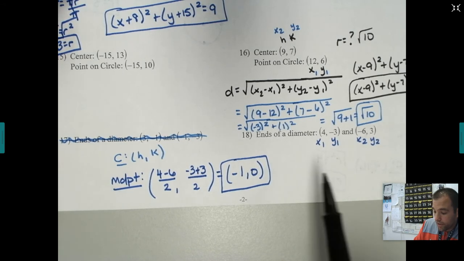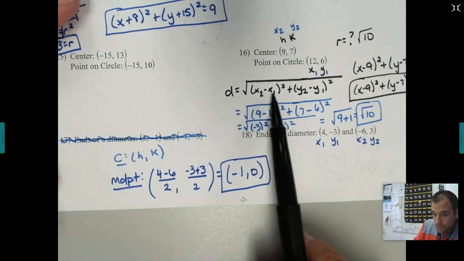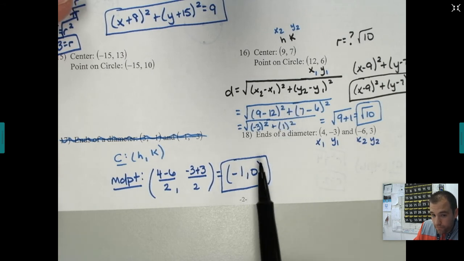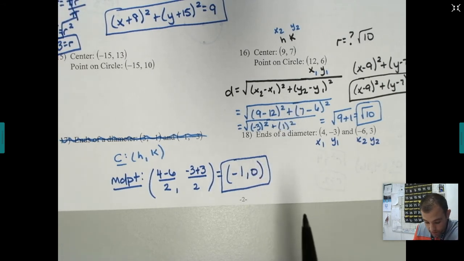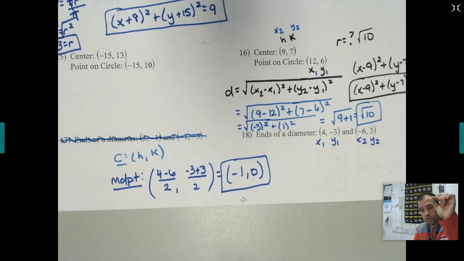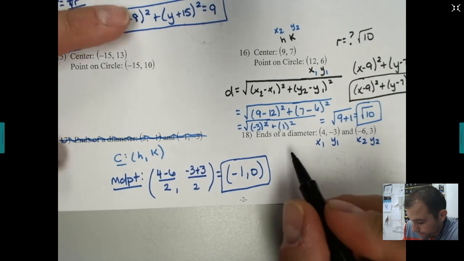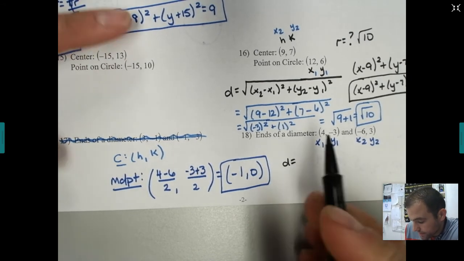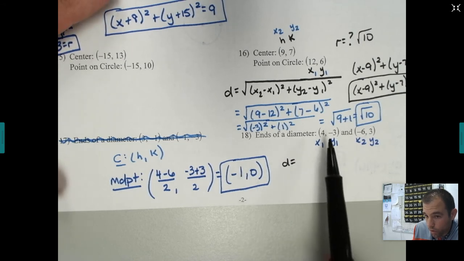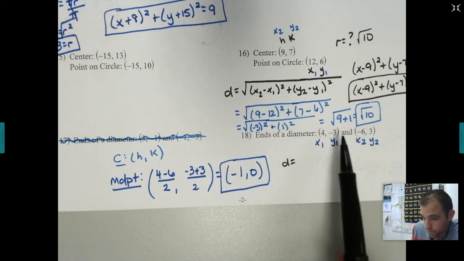So now, to find the radius, I have to do exactly what I did up here, right? Because I need the distance from the center to the circle. So from the center to the circle, that'll give me the distance of the radius. I'm going to use the center and then one of these points. Doesn't matter which one you use.